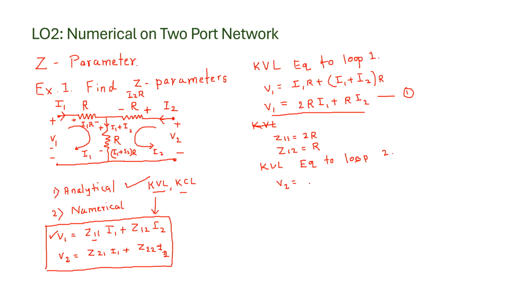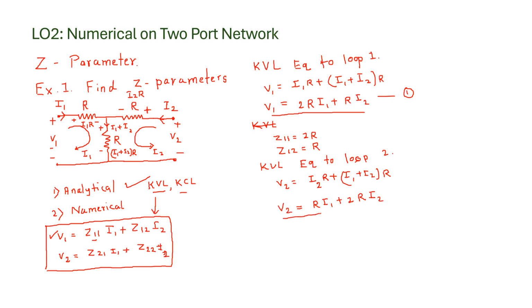So now V2 will be equal to the total voltage drop, I2 R plus I1 plus I2 into R. So we get R I1 plus 2R I2, which is equal to V2.